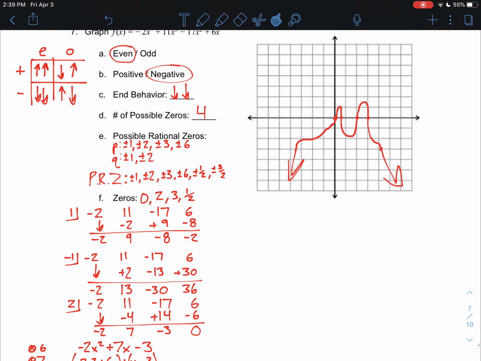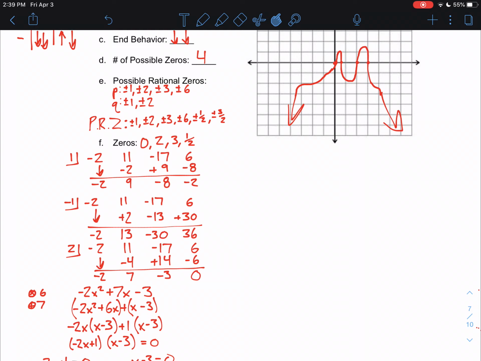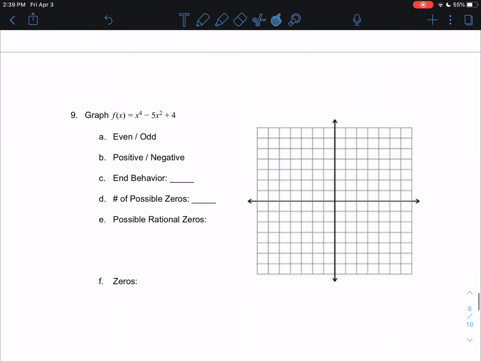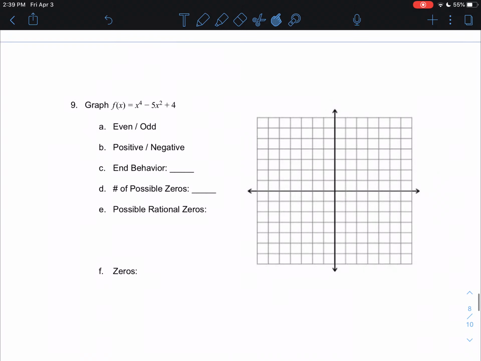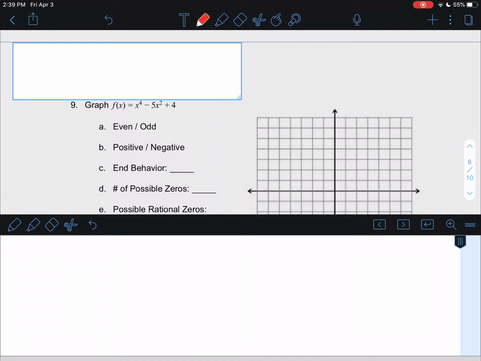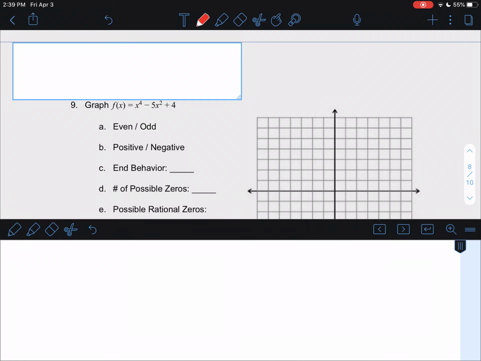The last one I want to help you set up before letting y'all do your own thing is number 9. So number 9, when you do synthetic division on this one, you're going to have some number that you're dividing it by. And then we got, let's say, 1x to the 4th, and then we're looking for x to the 3rd. But it goes to the x squared.